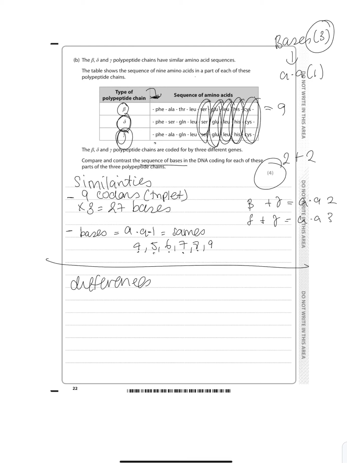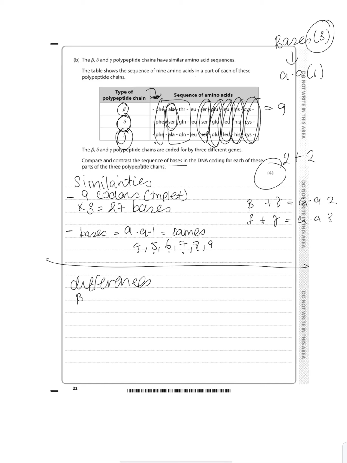I'll just go over this again. It is this box. Because we've said that there's differences here, and so you would say that the beta and the gamma for amino acids sequence for amino acid number 2 is different.